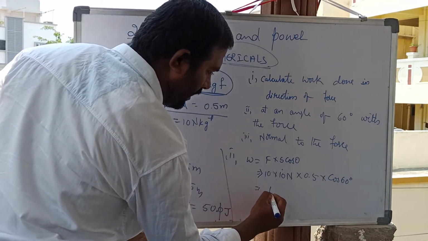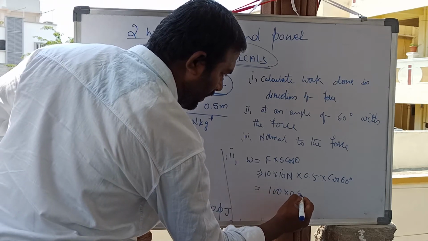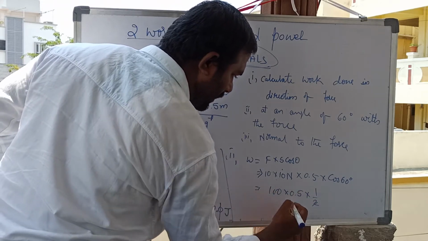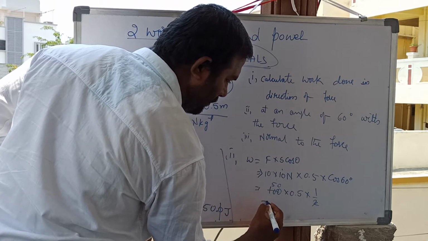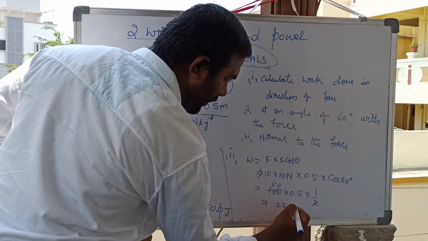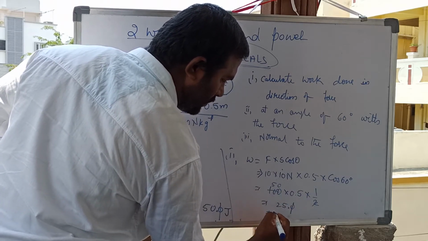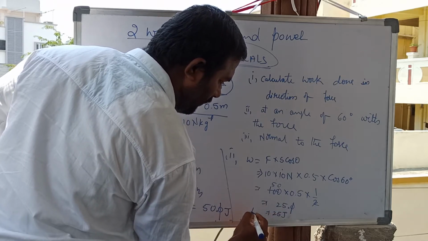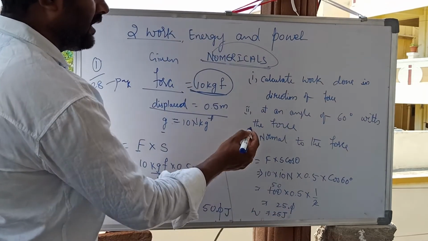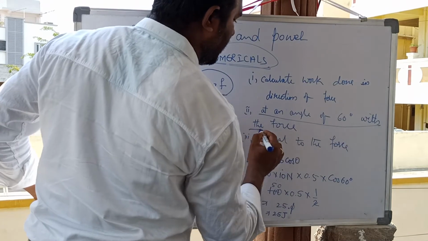Cos 60 we know already, it is 1 by 2. So 100 into 0.5 into 1 by 2 is 25 joules. Work done is 25 joules at an angle of 60 degrees.